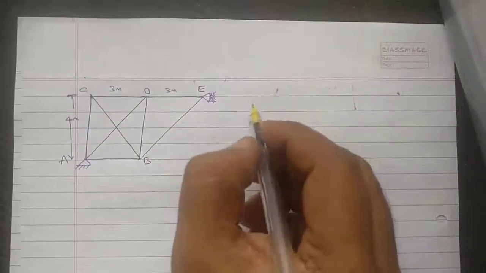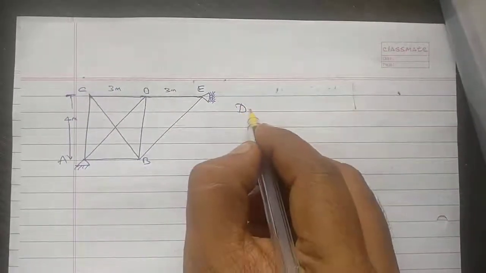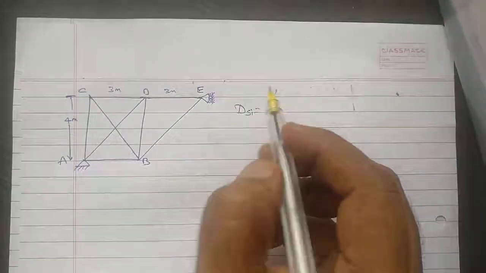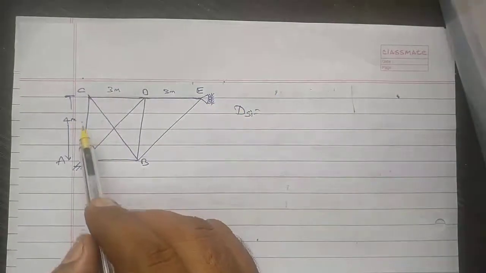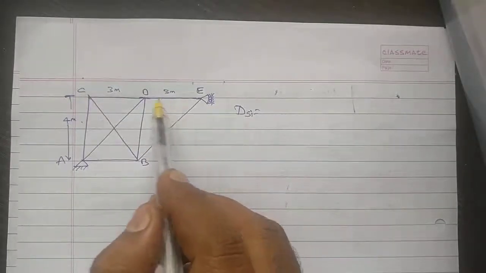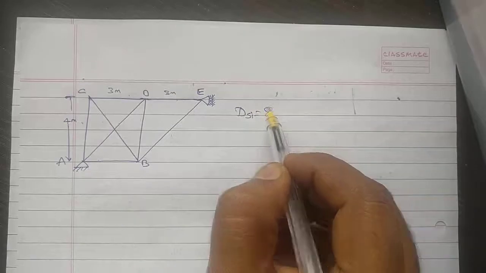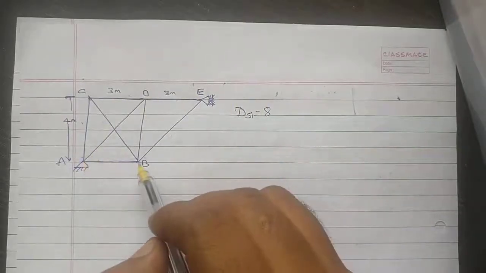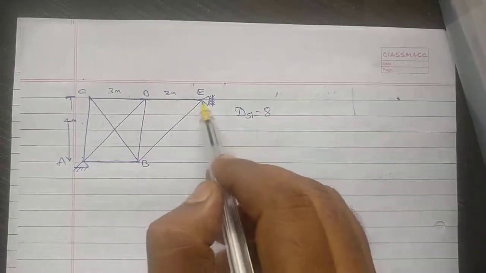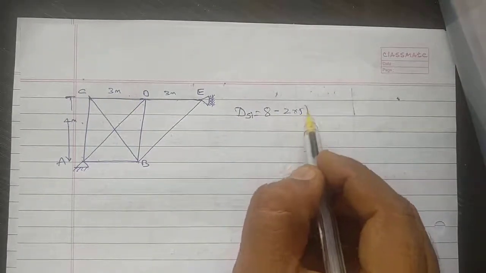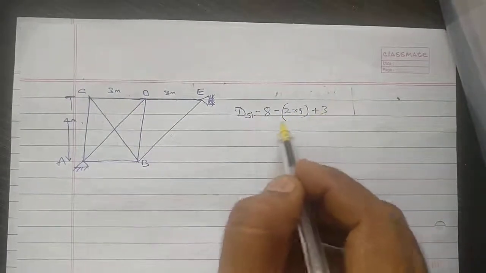Again, we have to first find out the degree of statical indeterminacy. Here members are 1, 2, 3, 4, 5, 6, 7, 8. Joints are 1, 2, 3, 4, 5, plus 3 reactions.